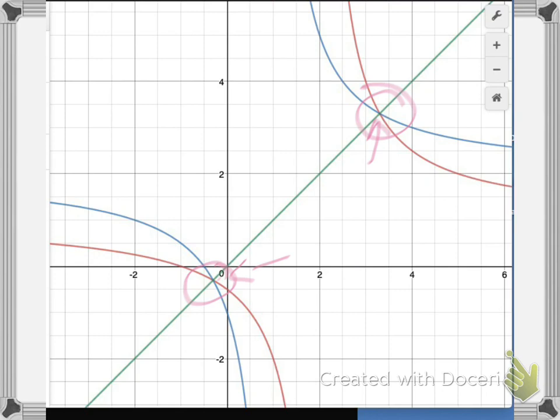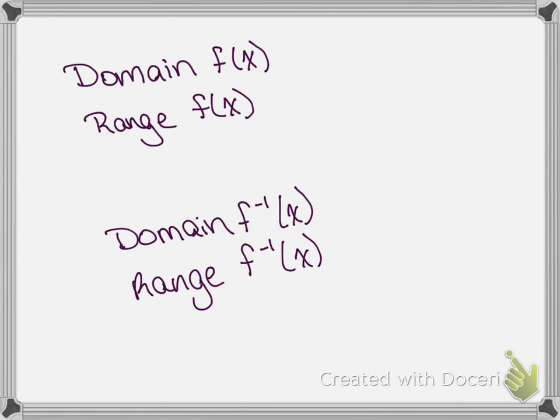Okay? Now, the other thing that may be confusing is when you are asked to find the domain and the range of the original function, and we know that this one is the original function because this says f of x. This is the inverse function. Why?